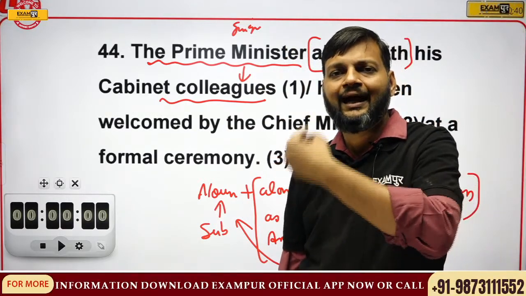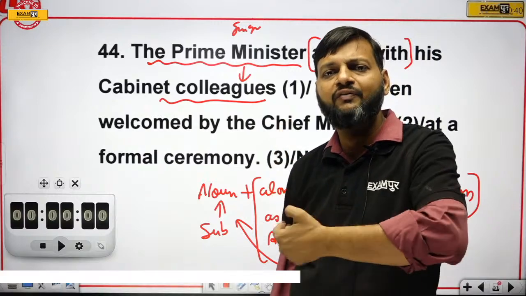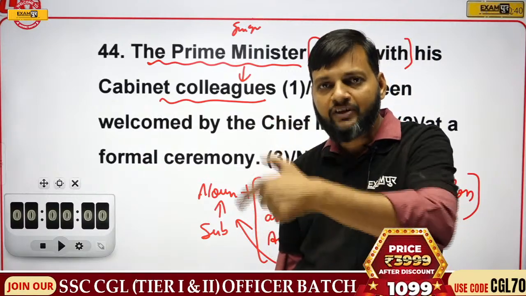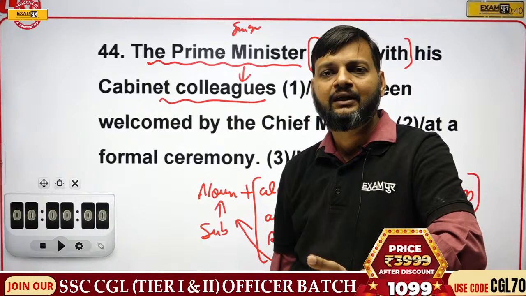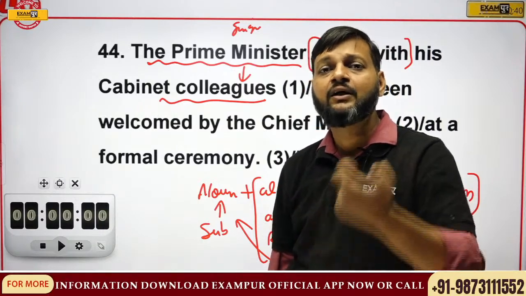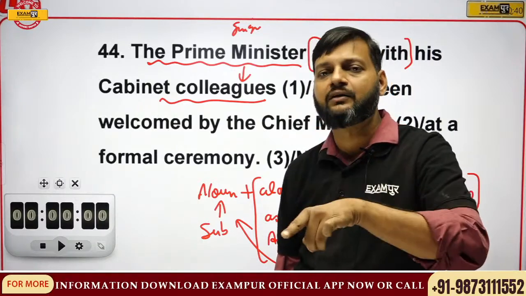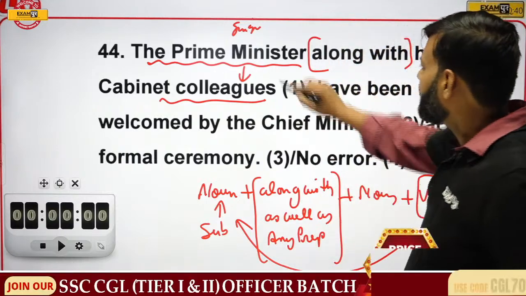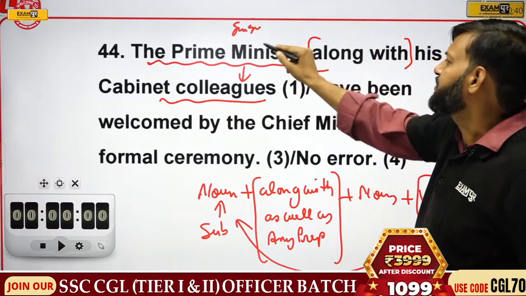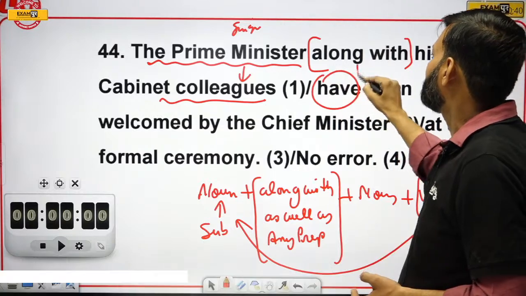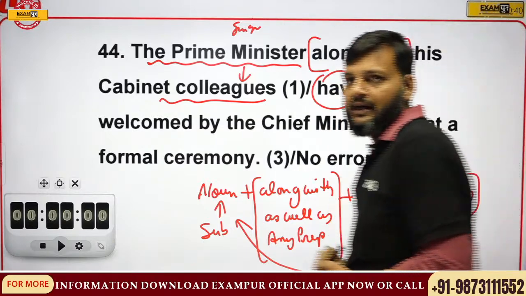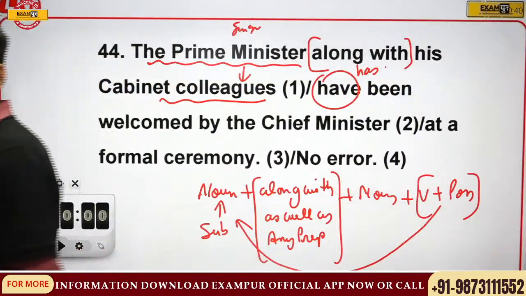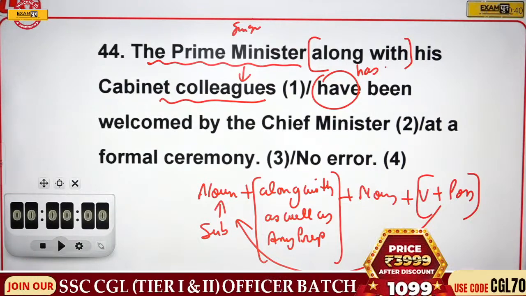If two nouns are joined by along with or as well as or any preposition, the first noun is considered the subject, and the verb and possessive should agree with it. So here the Prime Minister is the subject, which is singular, so here have will be replaced by has.